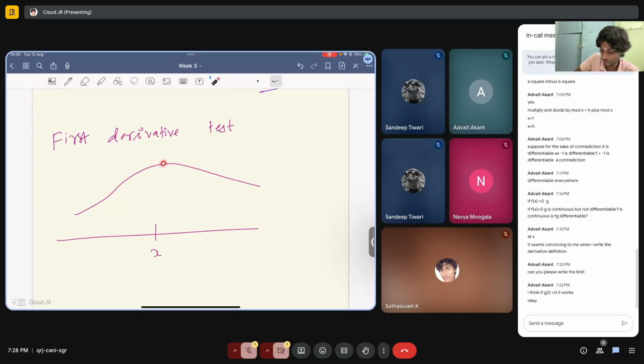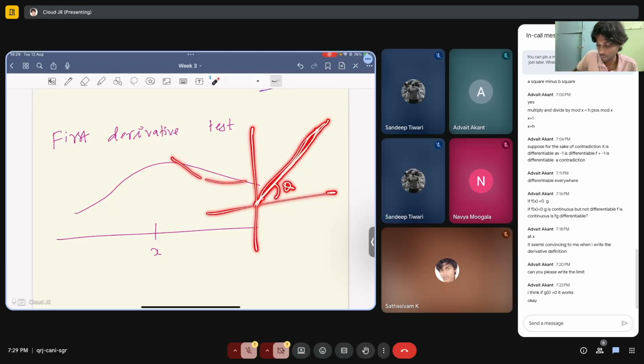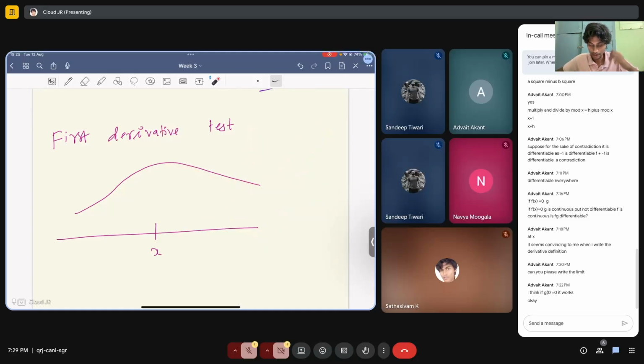So whenever you have something like this, the slope changes from positive to negative. What I mean by positive and negative: if you look at the line here, the slope is basically tan of this theta, and you can see the slope is positive. And if you have a line like this, then the slope is negative. Anyway, I assume that you know what a slope is.